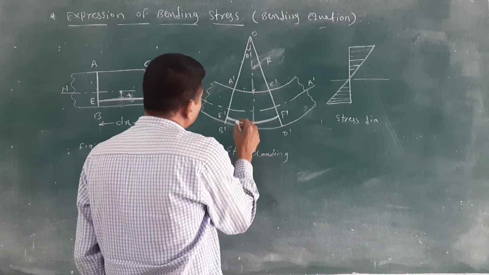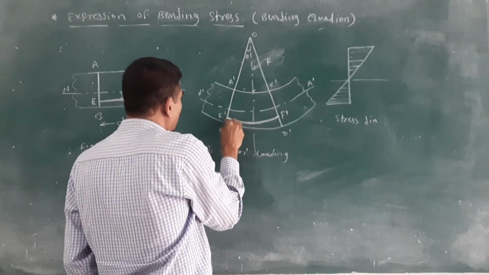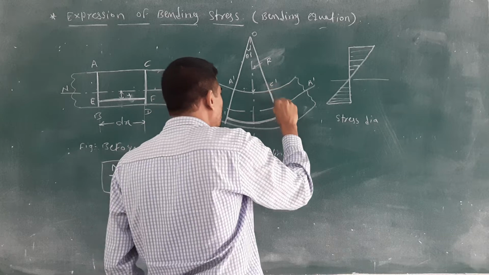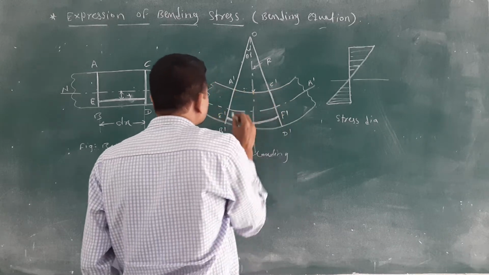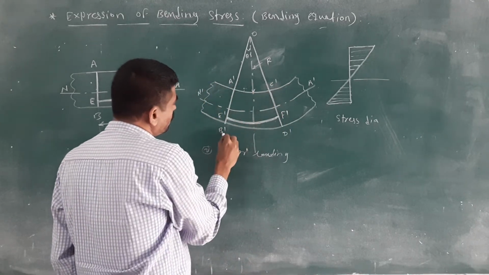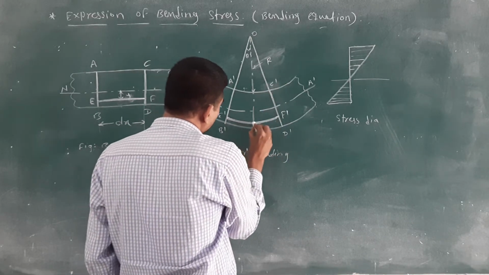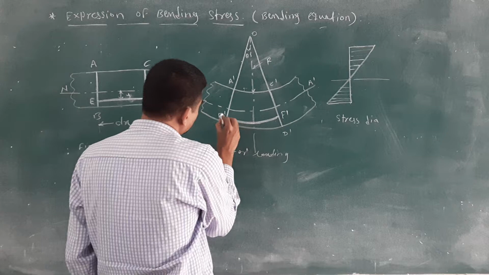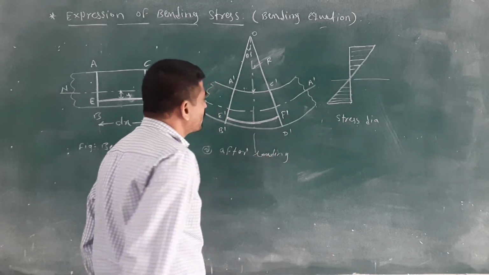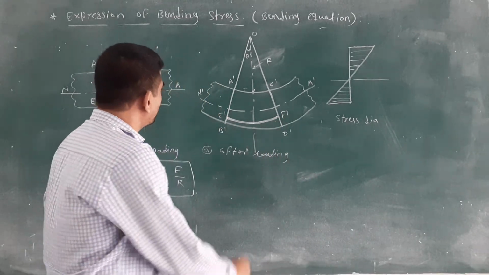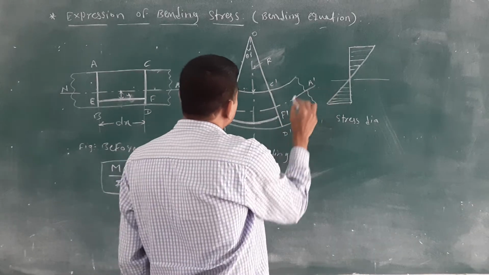After loading, we get this body bent, and we get the new sections A dash, B dash, C dash, D dash, as well as the new layer E dash F dash, and the neutral axis N dash A dash.